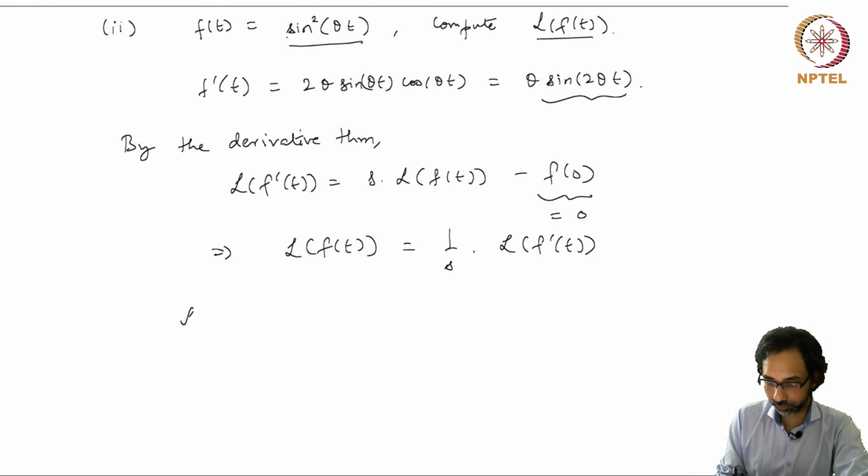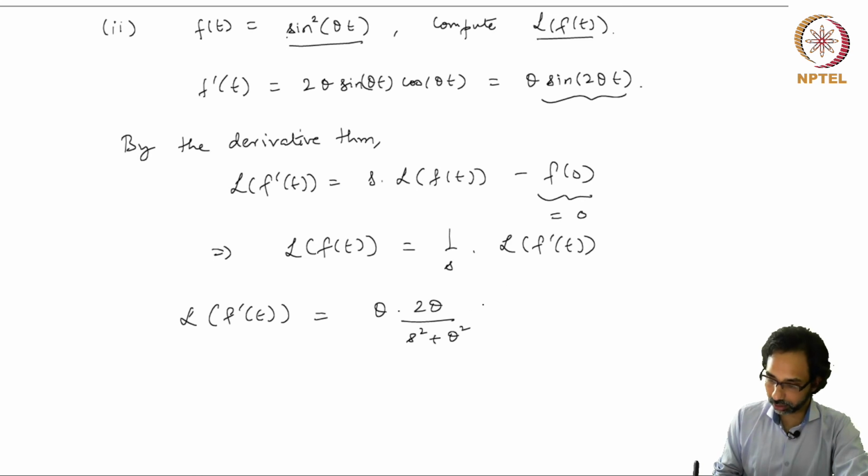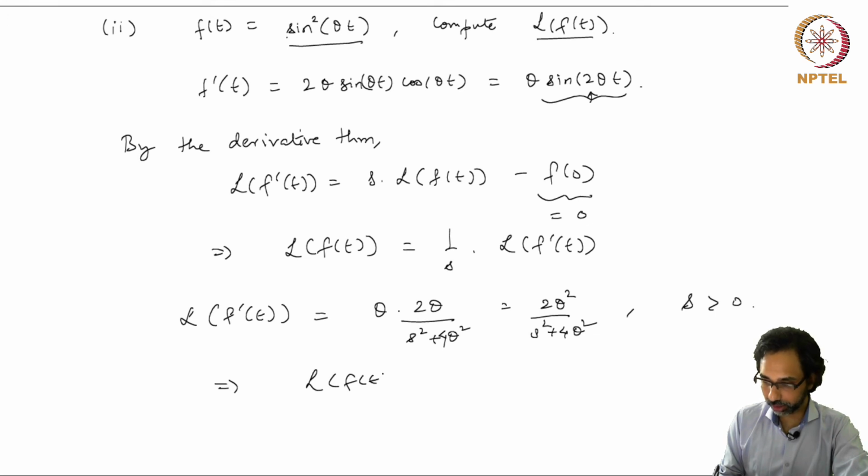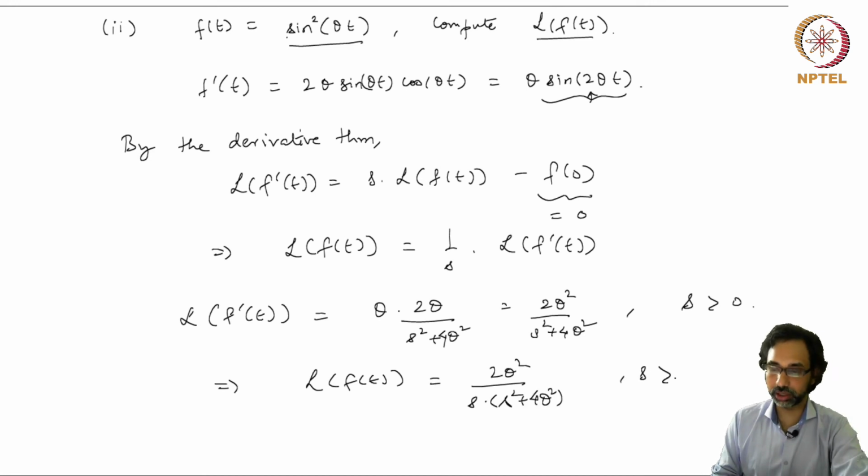Now the Laplace transform of f prime(t) is nothing but theta times 2 theta over s squared plus theta squared. This is 4 theta squared because we have sine 2 theta here. So this is 2 theta squared over s squared plus 4 theta squared, and this is valid for s positive. Therefore the Laplace transform of f(t) is 2 theta squared over s times (s squared plus 4 theta squared) for s greater than 0.